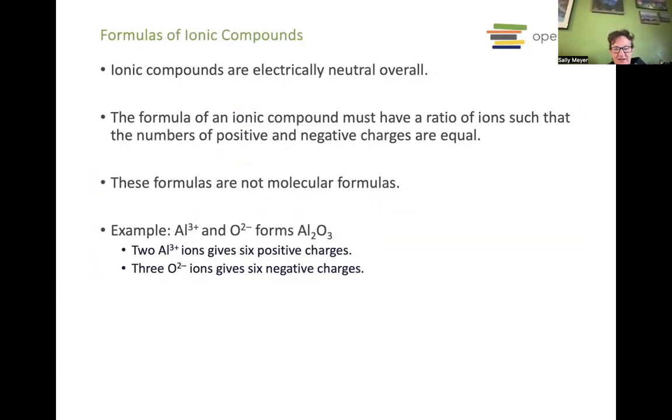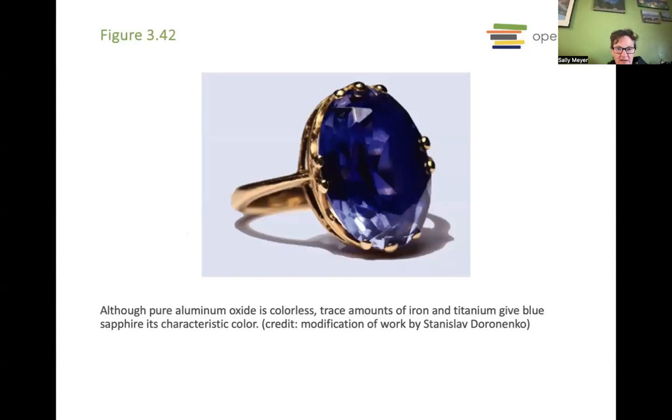This is the same example, but with aluminum oxide. Aluminum likes to be 3+, oxygen likes to be 2−. So in order to combine those in such a way to get zero, you have to have 2 aluminum cations and 3 oxygen anions.